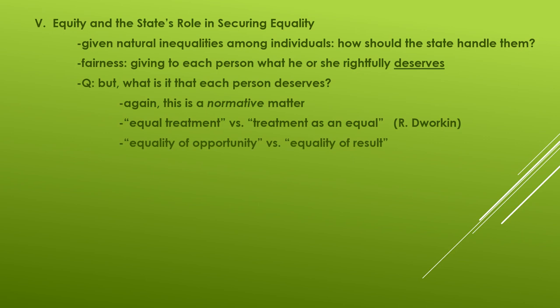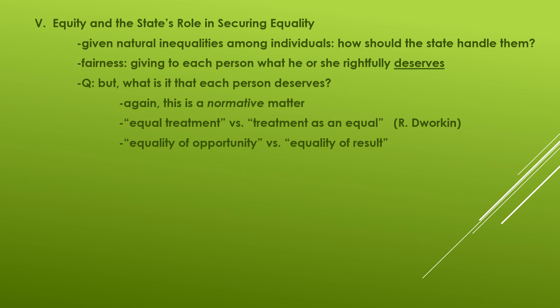Another debate that used to take place a long time ago, and I think it's probably going to resurface pretty quickly here, is the debate between equality of opportunity and equality of result. So again, we were talking about desert, right? That is, how should we treat everybody?